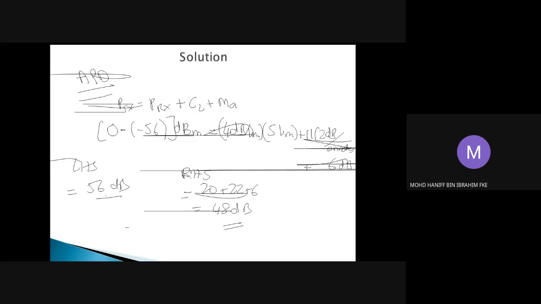Which means that the difference between the transmit and receive power is higher as compared to the channel loss and the system margin, which indicates that your system designed using the APD should be workable, because the channel loss and the system margin is smaller as compared to the difference between the transmit and receive power value.